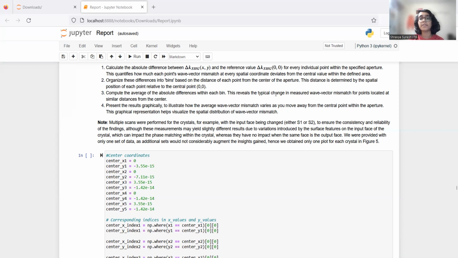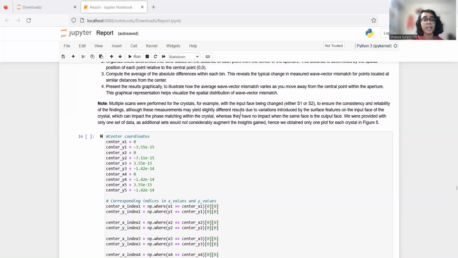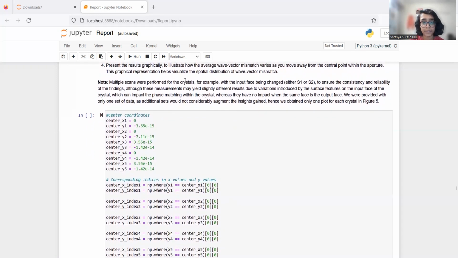This also reveals the typical change in the measured wave vector mismatch for points located at similar distances from the center. Finally, we plotted all these values graphically to demonstrate how the average wave vector mismatch varies as we move away from the center of the crystal.